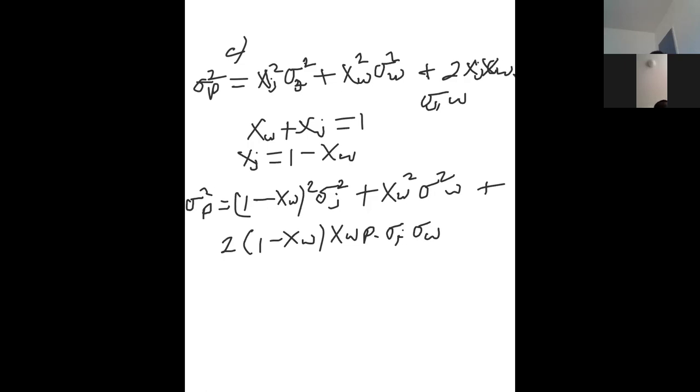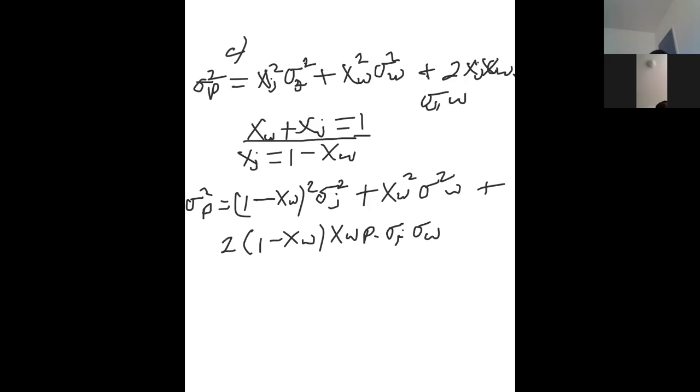Now we know that when you sum up the shares of each of the assets that you have, it should always be equal to 1, right? That's what I have to make the market portfolio. Yes, exactly, it should be equal to 1. So that's what I have: Xw plus Xj is equal to 1. Now I just want to make Xj the subject from this expression. So Xj is equal to 1 minus Xw.